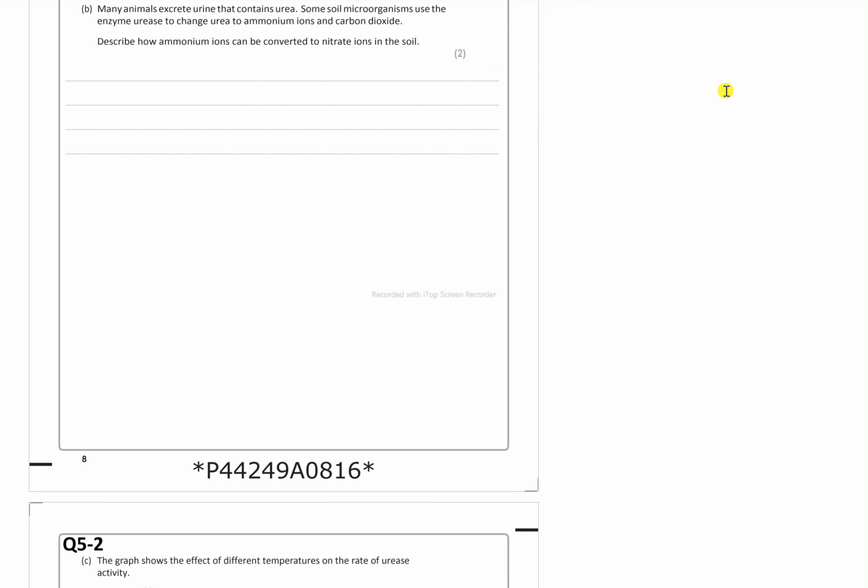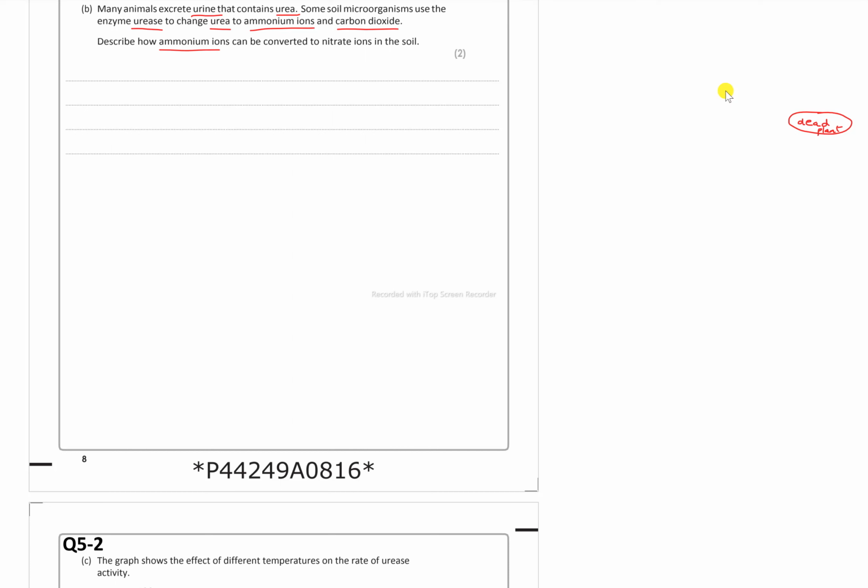Right, many animals excrete urine that contains urea. Some soil microorganisms use the enzyme urease to change urea into ammonium ions and CO2. Describe how ammonium ions can be converted to nitrate ions in the soil. So remember what we said here. You've got this dead matter. Dead, just say plants.